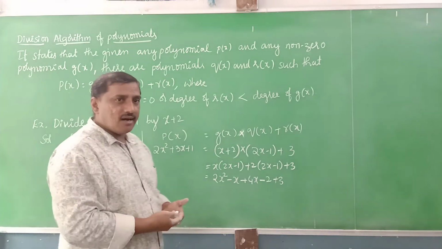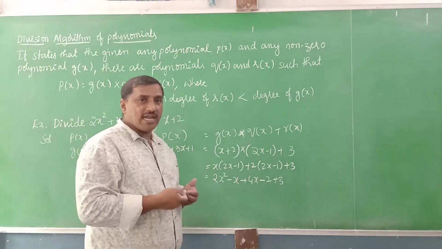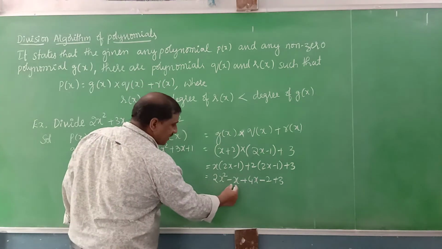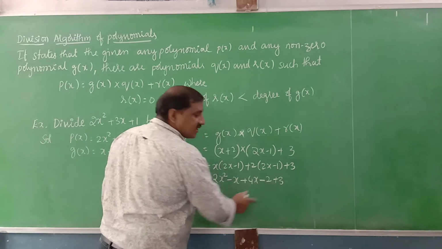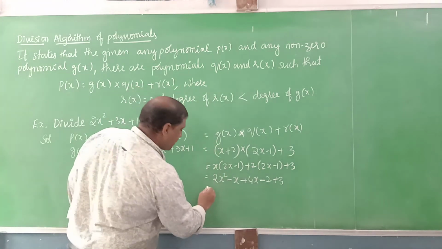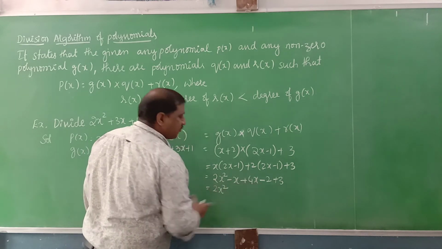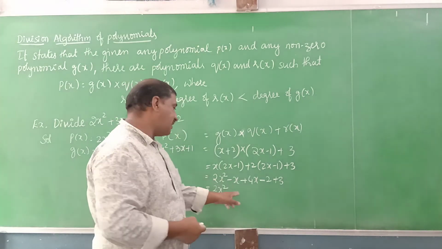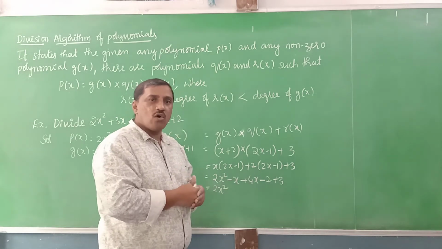Now if any like terms are there, you add them, and any unlike terms you keep as they are. So here minus x and plus 4x are like terms. Minus 2 plus 3 are like terms, but the x square term has only one term. Write the terms: 2x square minus x plus 4x. How to simplify this? They are like terms, so just subtract the coefficients.